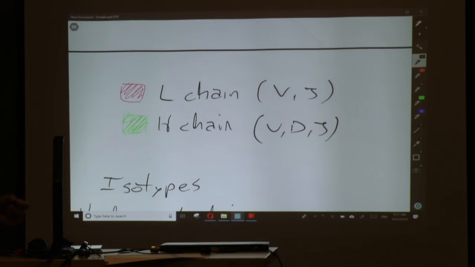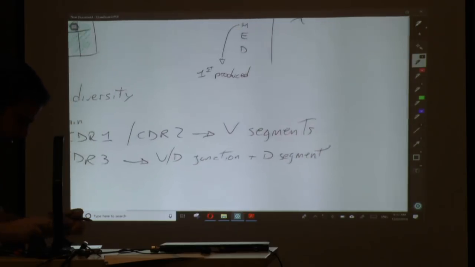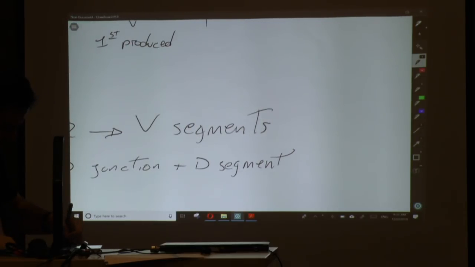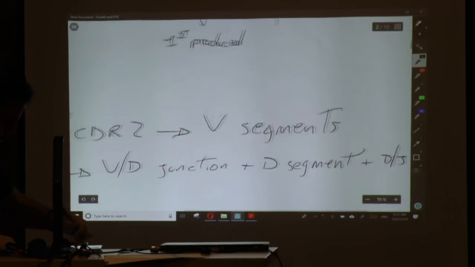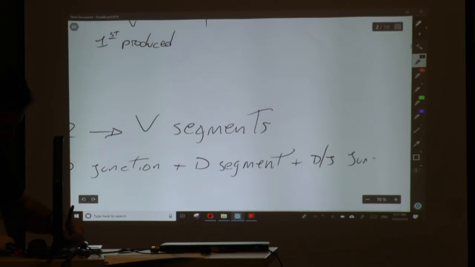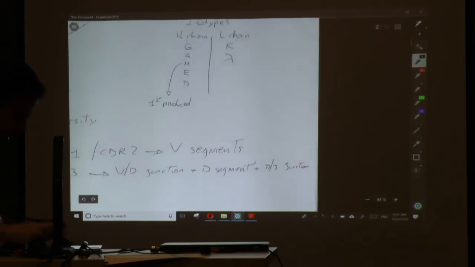So when I talk about the junction, it's just those random nucleotides being added by TdT in between V and D, or D and J, or V and J. And when I talk about the segment, it's just this, or this, right? D or V itself. So going back here, it's the D segment plus your DJ junction, right?